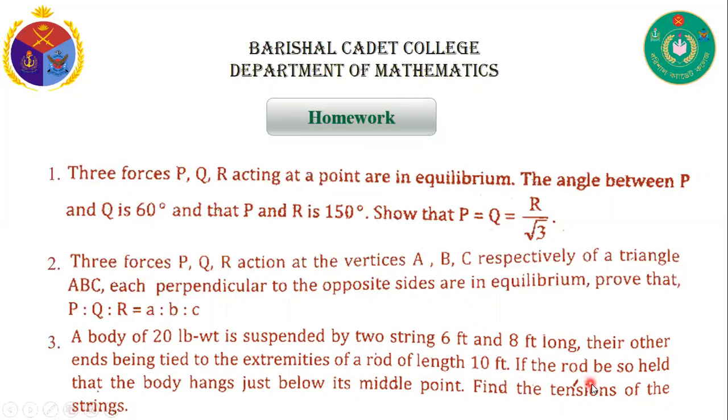If the rod is held so that the body hangs just below the middle point, find the tension of the strings. So there are two strings, that means there should be two tensions. You just have to find out the tensions. So that's all for today.